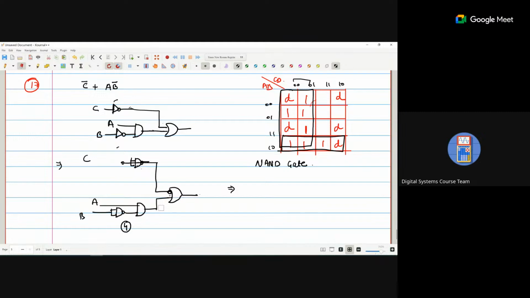So there is no use of this one. I can directly connect C here. I connect one bubble here and one bubble here, both cancel the effect. Now this is NAND gate 1, NAND gate 2, and NAND gate 3. So if you have to implement with NAND gates, 3 NAND gates are required.